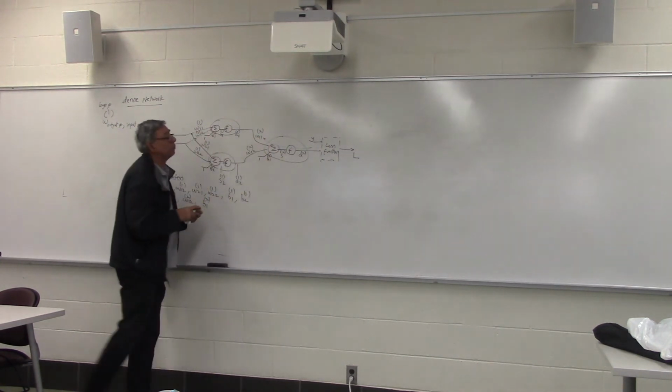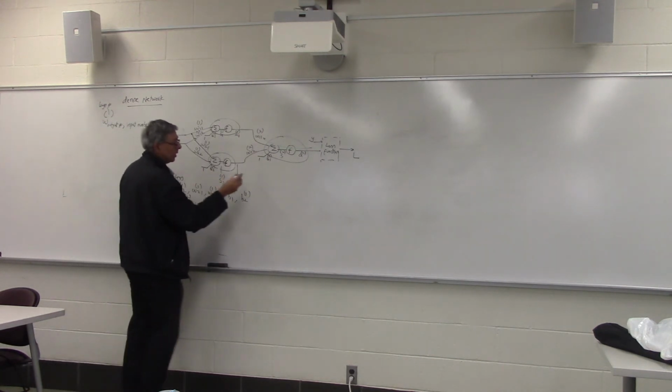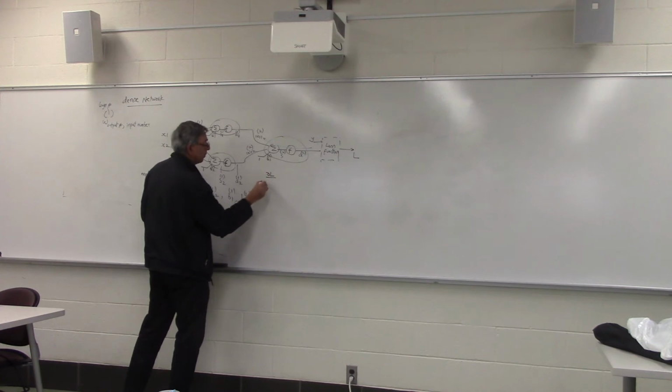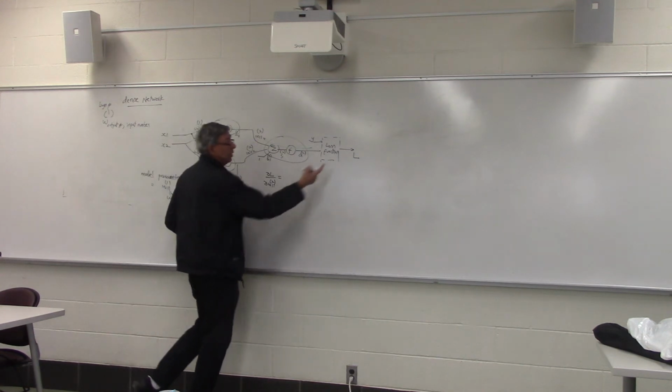and figure out what will be partial loss over partial W11 of 2. Okay, what's the path involved over here?